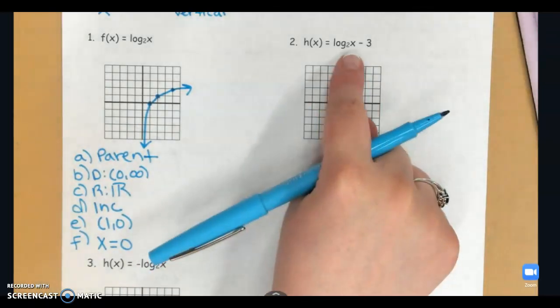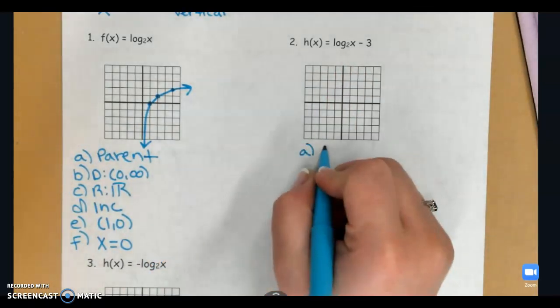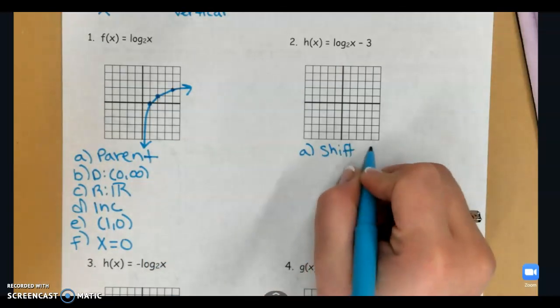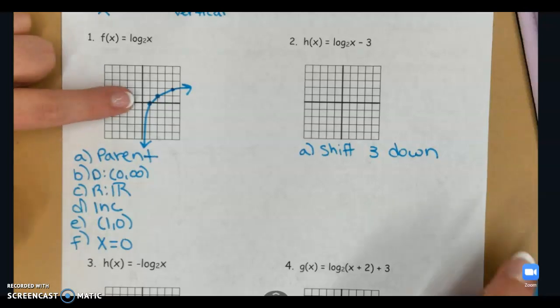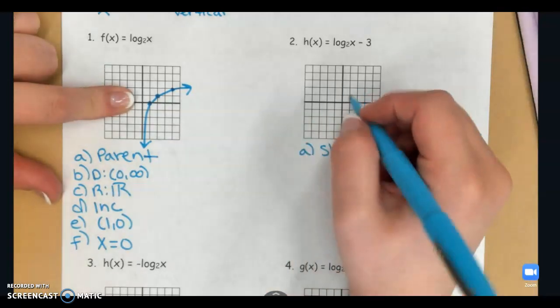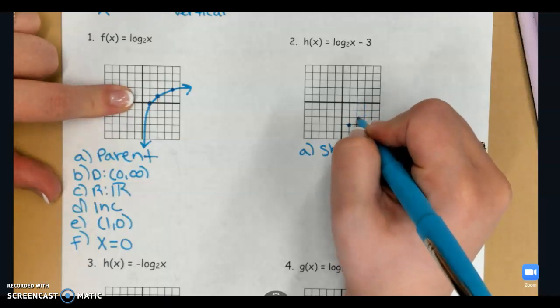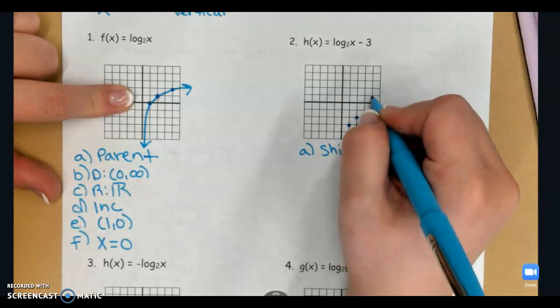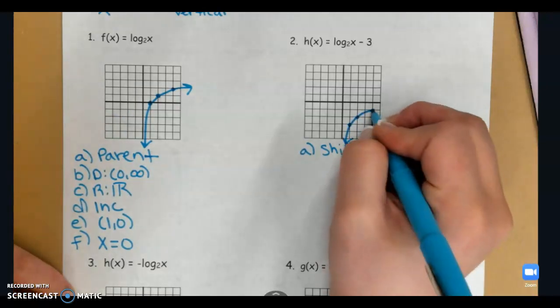Now if I move on to number 2, this minus 3 on the outside indicates that I'm going to be shifting down 3. So I'm going to take all of those points I have on my initial function and just move them down 3 spots. And I'm going to connect the dots.